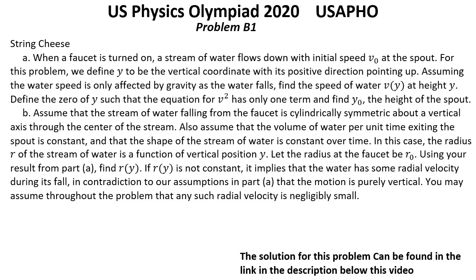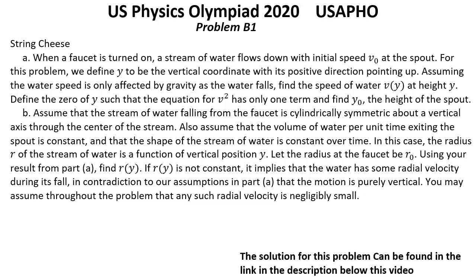Question B. Assume that the stream of water falling from the faucet is cylindrically symmetric about a vertical axis through the center of the stream. Also assume that the volume of water per unit time exiting the spout is constant, and that the shape of the stream of water is constant over time.